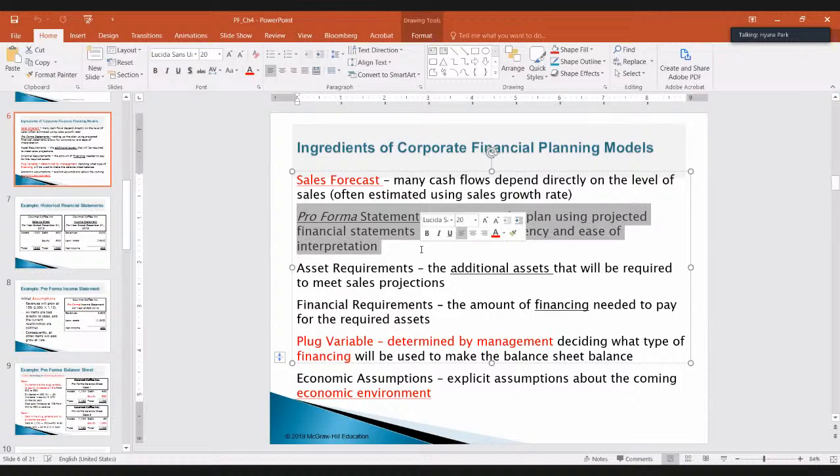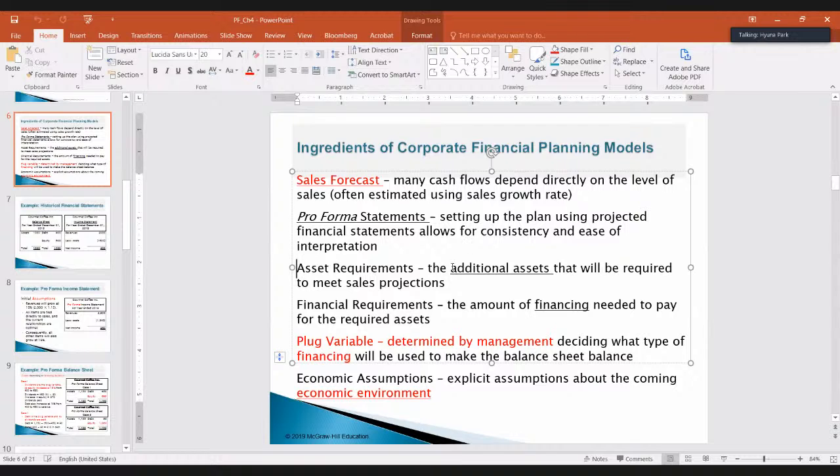To make pro forma financial statements based on your prediction and your plan, you need to forecast the sales. And to make that amount of sales revenue happen, what kind of additional equipment is needed? What kind of inventory is needed?